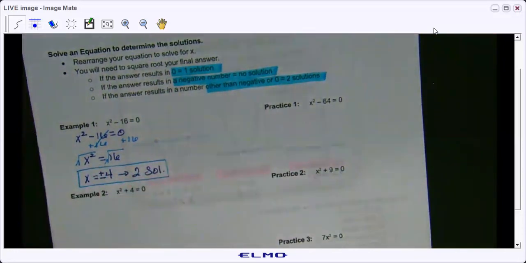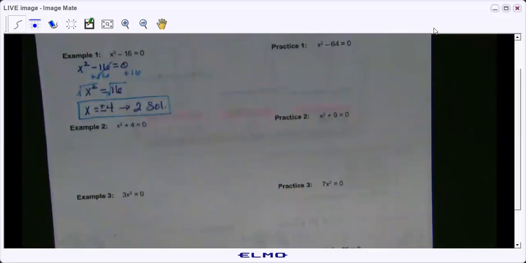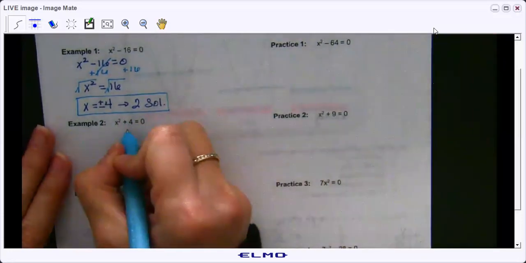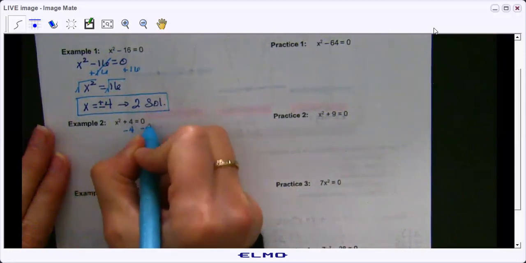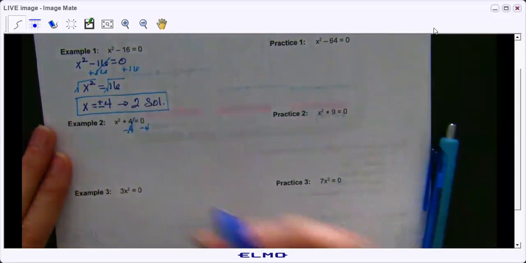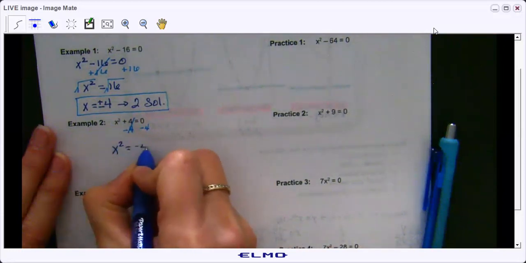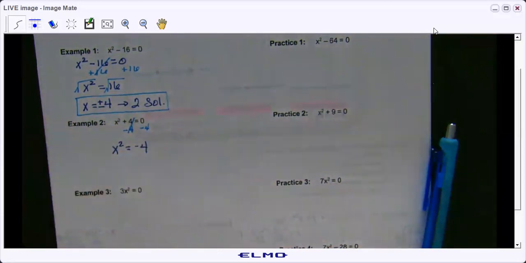All right, let's look at example 2. First, we're going to subtract 4 on both sides. And we end up with x squared equals negative 4. Now, at this stage of algebra, we are not going to square root negatives.